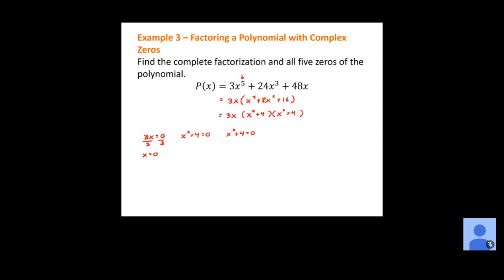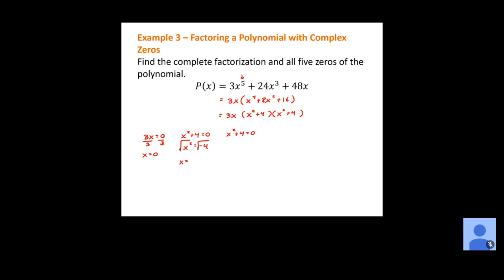Then for this next one, x squared plus 4 equals 0, what's our first step? Move the 4. Good. So I have x squared equals negative 4. Then we can do what? Take the square root. Good. If we take the square root here, what's that going to give us?